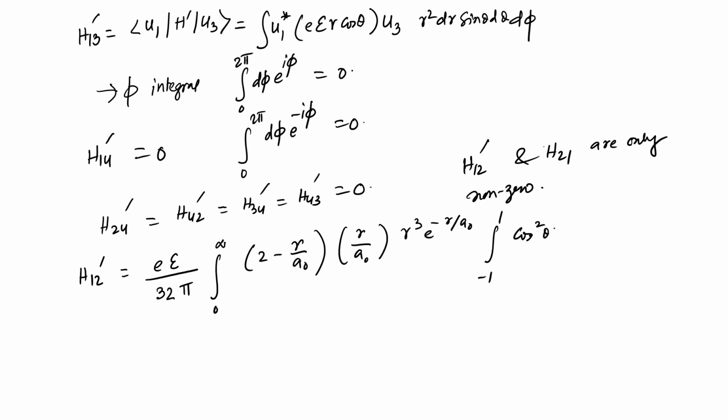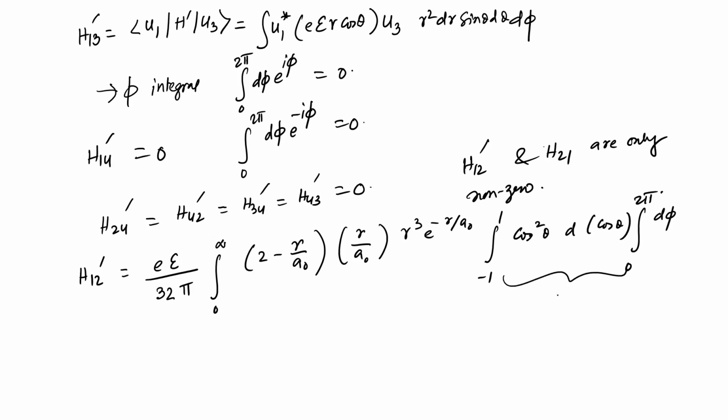Now, the cosine does not let you go to 0 because of this even power of cosine theta and d of cosine theta. So, we write this theta integral in terms of cos square theta d of cos theta, and then d phi is simply from 0 to pi. So, this is the r integral, theta integral and phi integral that you see there.